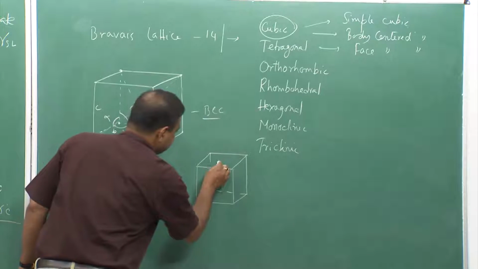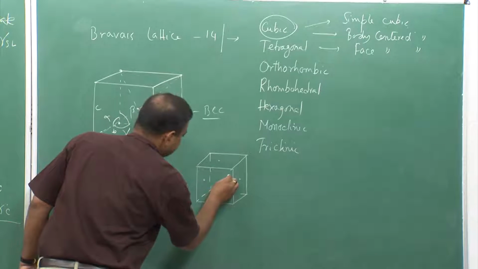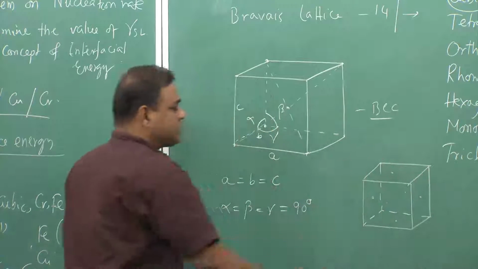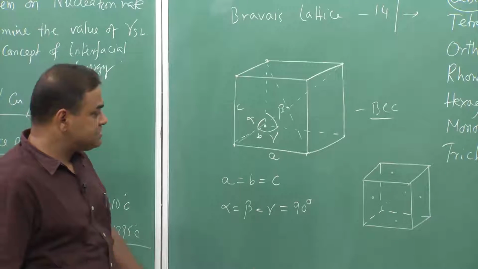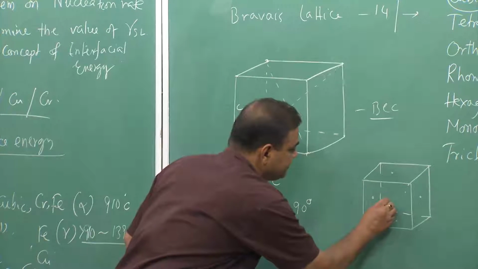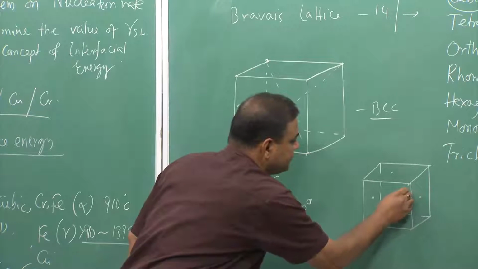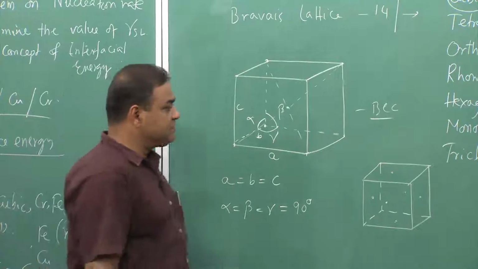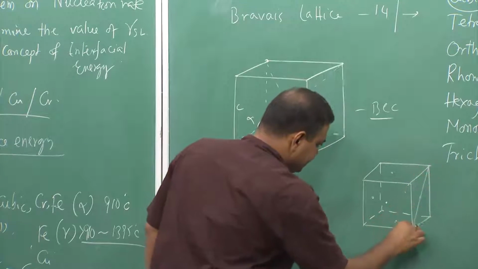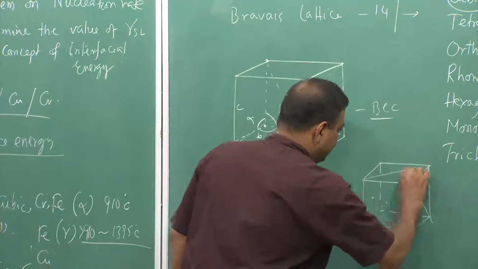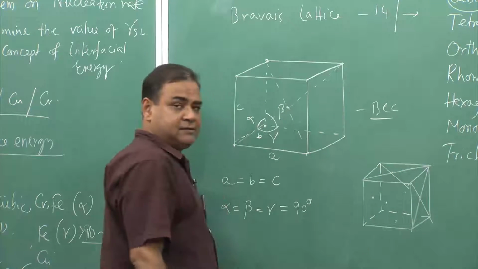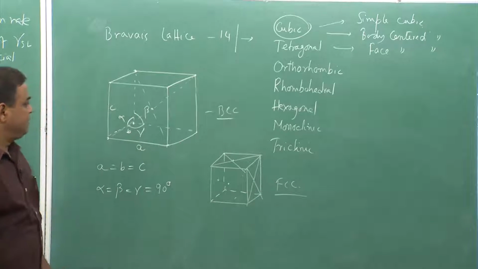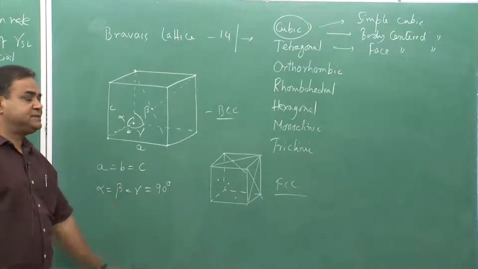In this case, there is one point at each corner, that means 8 corners, and a point at the center of all 6 faces. This becomes face centered, which means at the center of each face I have one more point. So, that becomes FCC.